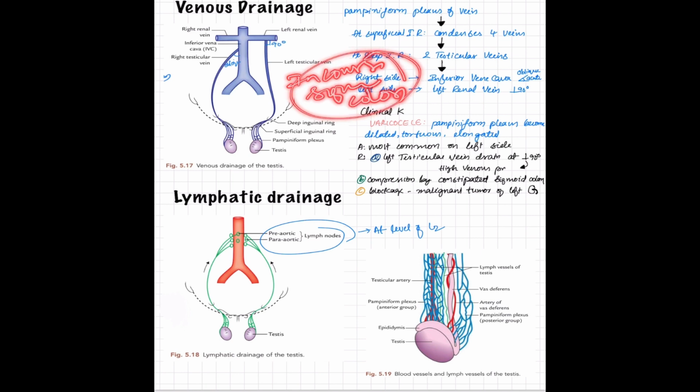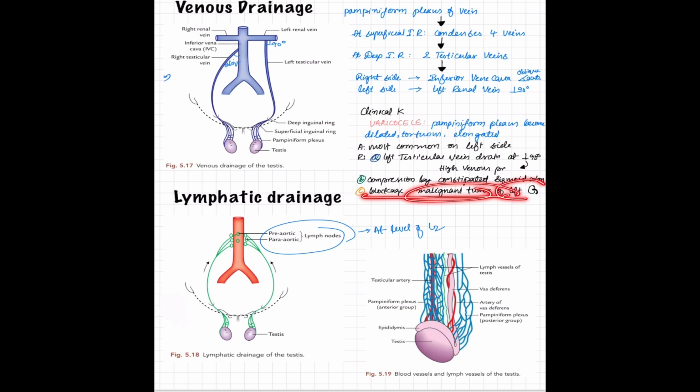When the colon is constipated, it will compress the left testicular vein, so it will lead to varicocele. Get it? So a constipated sigmoid colon, or blockage by a malignant tumor of the left kidney, can also compress the vein, and it will be dilated.